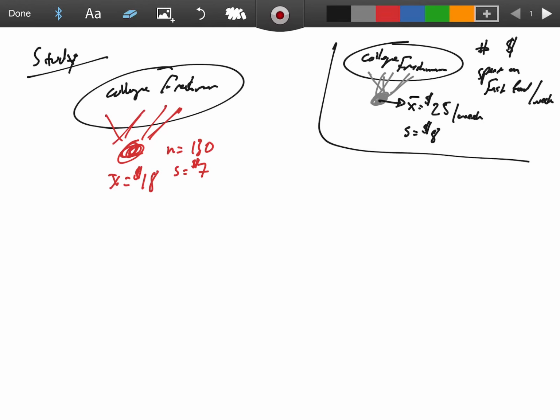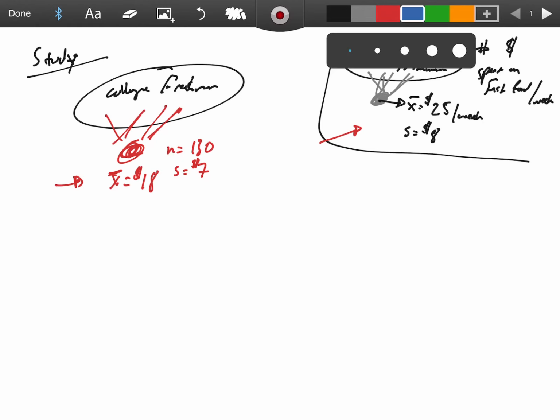Okay, so this is the data, and this is the important thing to look at. They took a sample last year, this is what they found. They took a sample this year, this is what they found. And so the question we're asking here is, has the mean really changed? So they took a sample last year, $25, this year, $18.